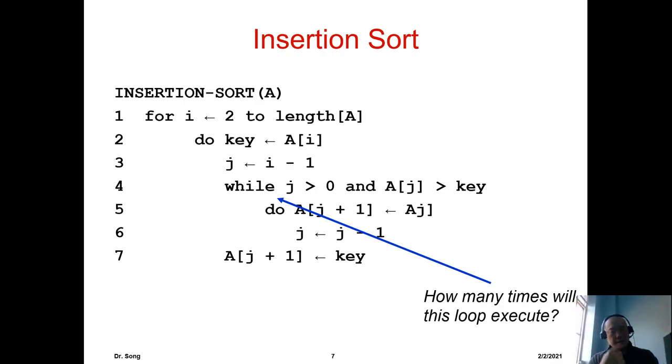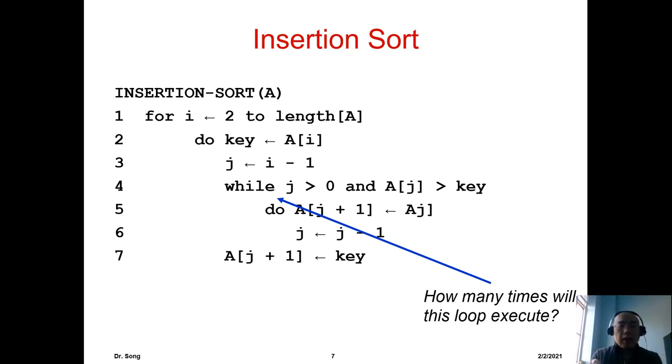In the best case, we just do one check and don't do any value shifting. So line 4 will be executed once because we check this condition, find it is not true, but still we check it once. That is the best case.